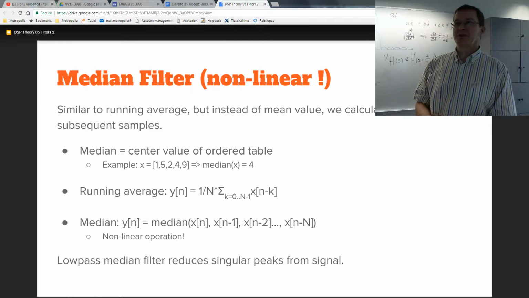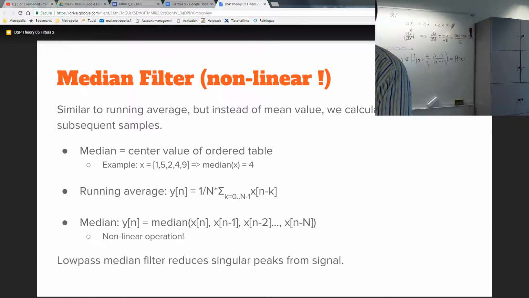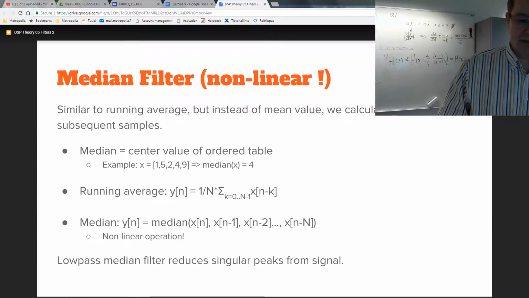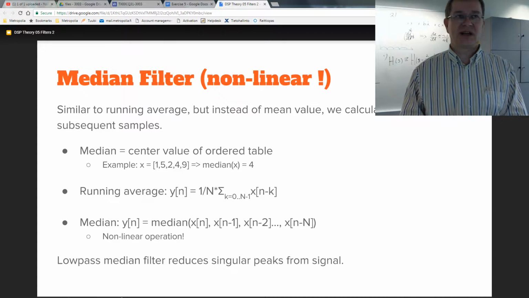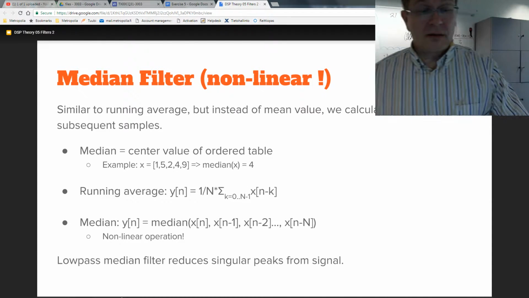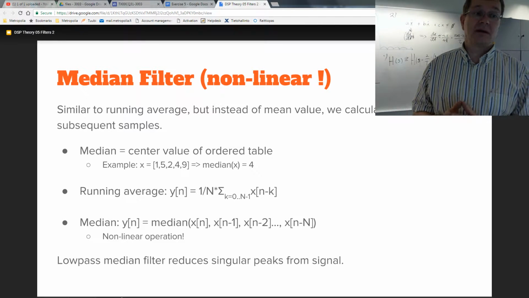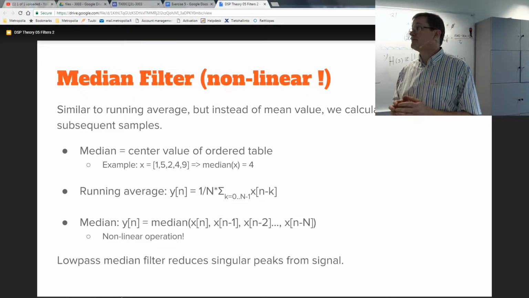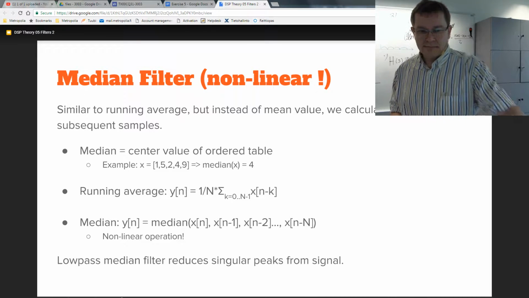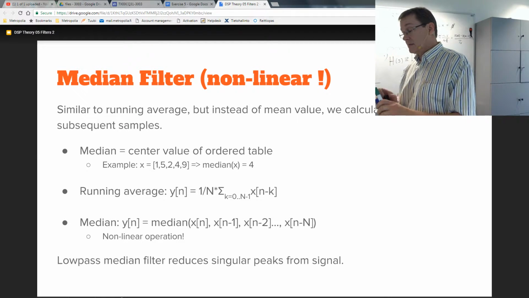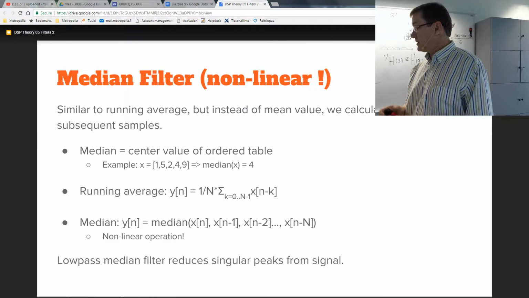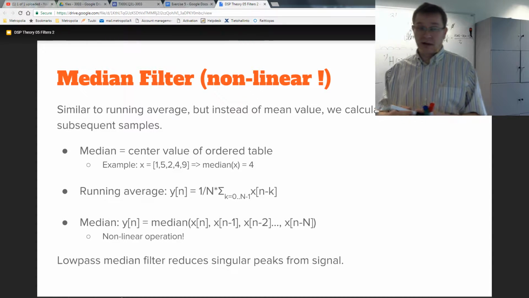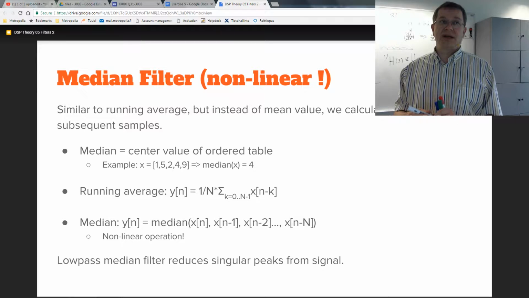For some reason, I also put some funny filters here. This is a kind of filter you can sometimes use even with, say, audio data. Median filter. Instead of calculating the average, for example, or something like a running average or weighted average, like in FIR, you basically calculate the median.